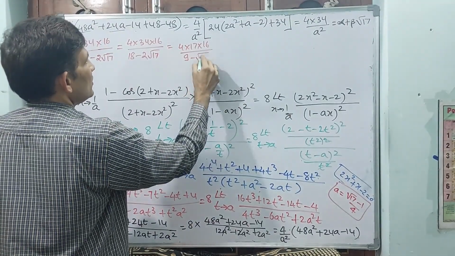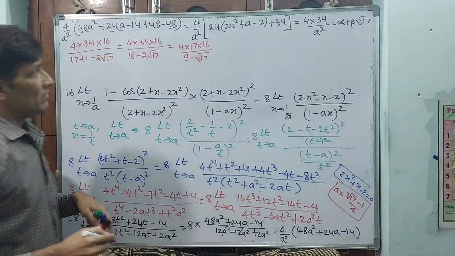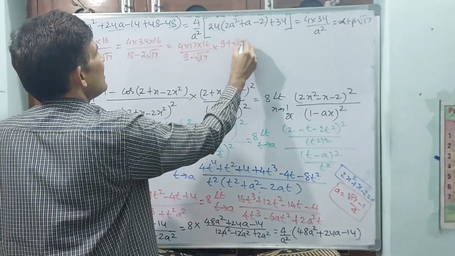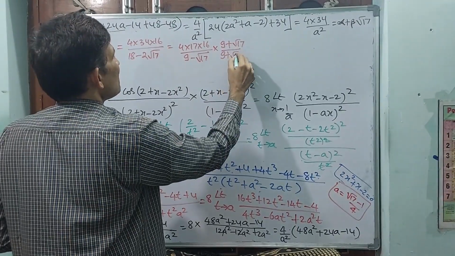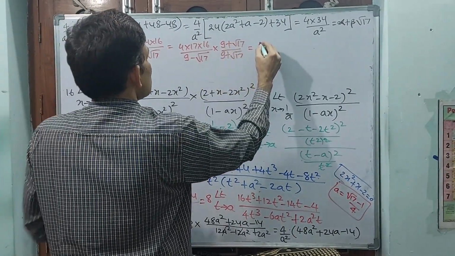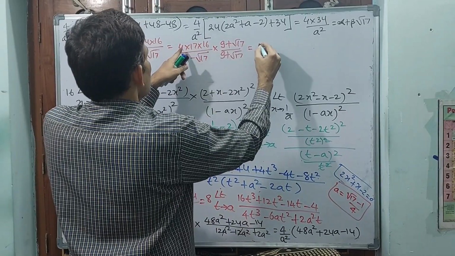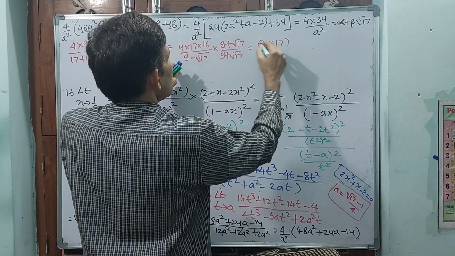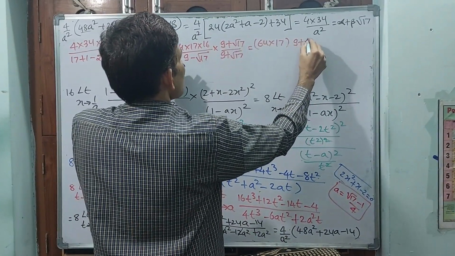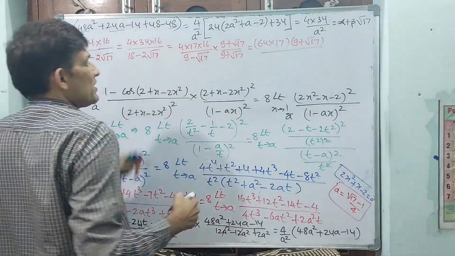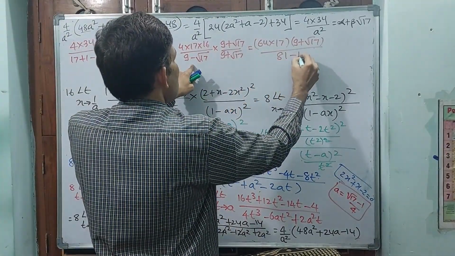That's all: 9 minus root 17. Now I want to rationalize it. 9 plus root 17 by 9 plus root 17. This will keep like this only, 64 into 17 into 9 plus root 17 by a plus b into a minus b, a square minus b square, 81 minus 17.